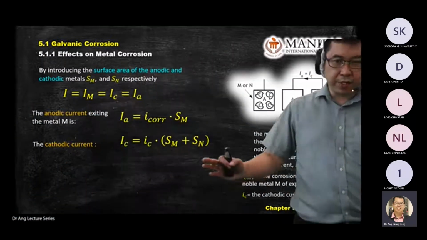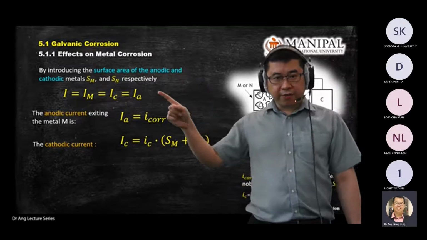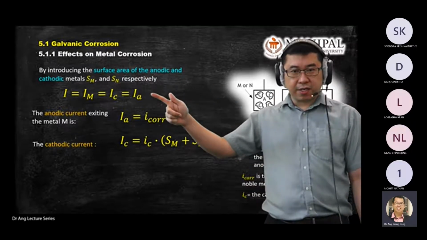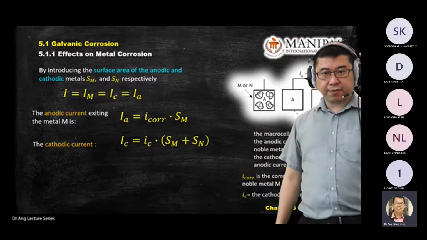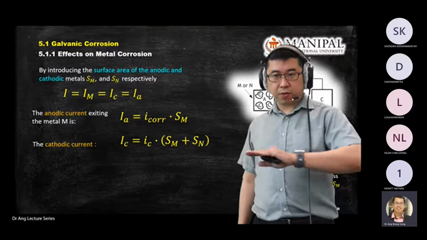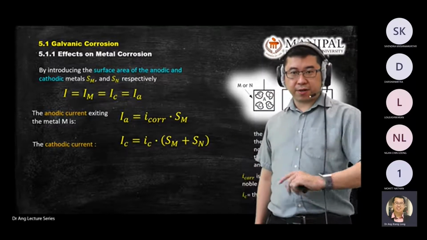Okay, look at the equations and see if anything is not clear. We derived the first equation just now. We defined the capital I, which is the current inside the galvanic cell. We looked at what happened at the low nobility metal, which is your anode.